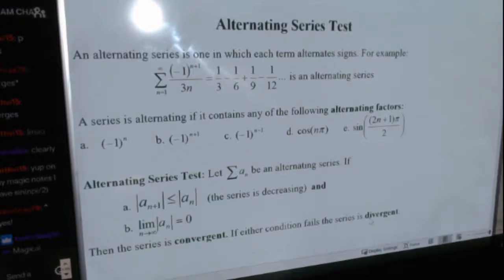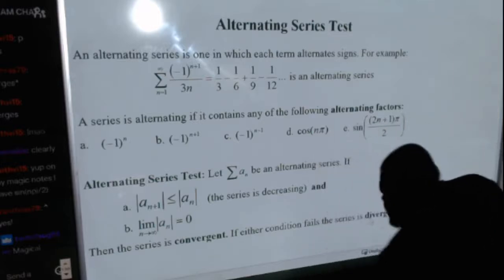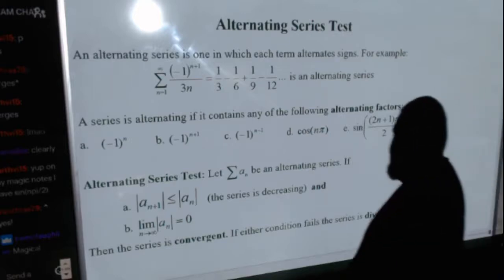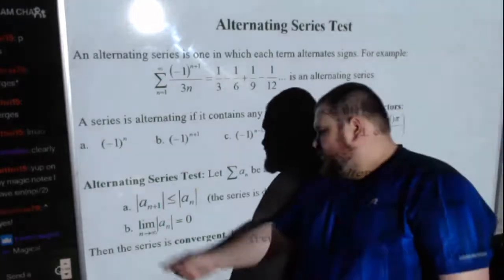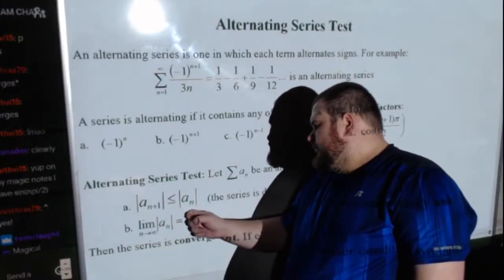All right. So how do we do the alternating series test? Well, we've got to do two things. The first thing is we've got to show that a sub n plus 1 is less than or equal to a sub n.